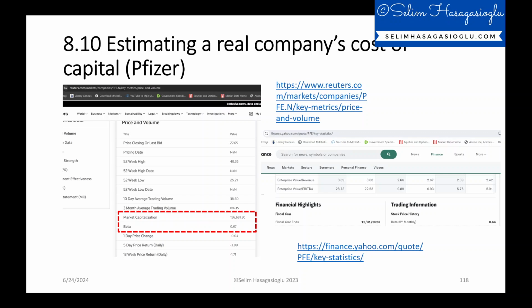The information I took from Reuters is here: the market cap at around $157 billion for Pfizer. I used it in my calculation, and the beta on Reuters was 0.67, but on Yahoo Finance, based on 5-year monthly assumptions, the beta of Pfizer stock is 0.64.